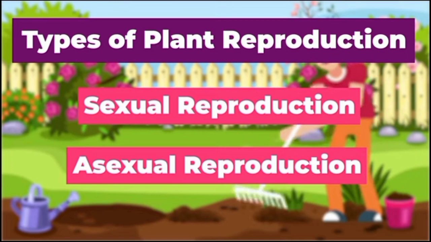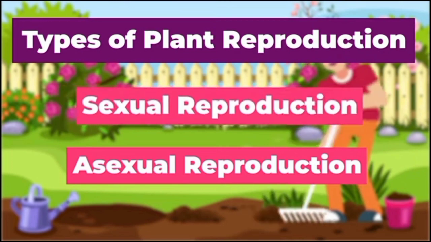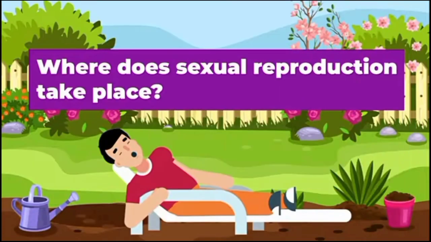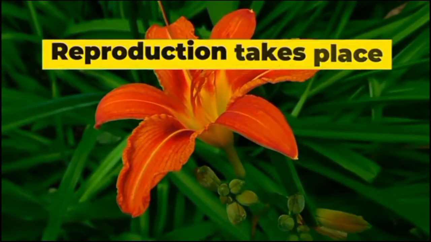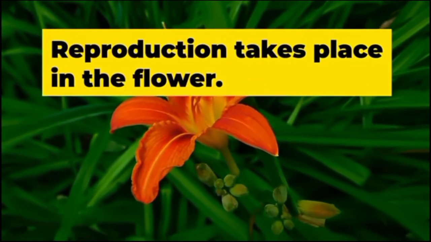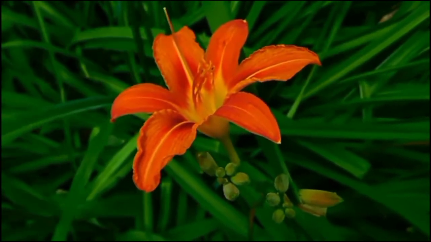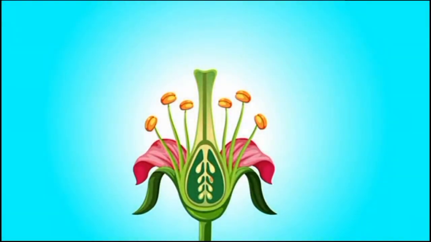For today, we must focus first on sexual reproduction. Where does sexual reproduction take place? Reproduction takes place in the flower. But before that, let me first discuss the parts and their functions.